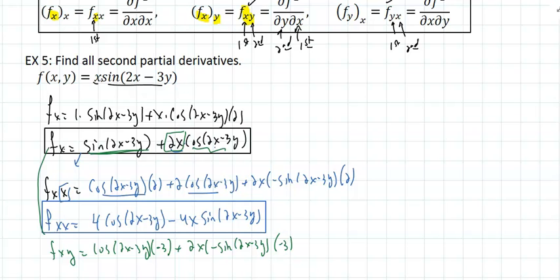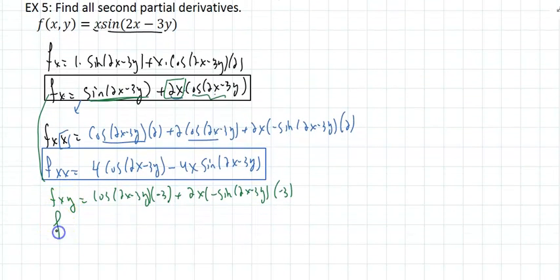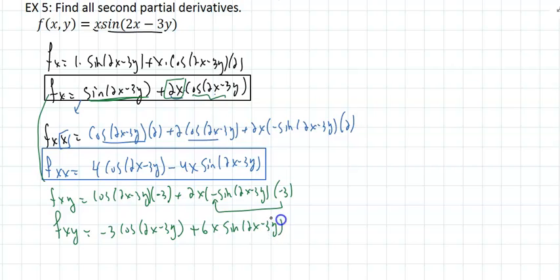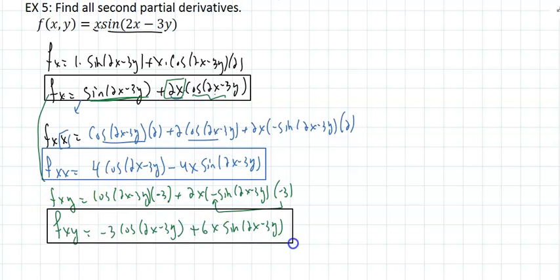If I clean that up a bit, I would say f sub xy is negative 3 the cosine of 2x minus 3y minus 6x, negative times a negative 6x, the sine of 2x minus 3y. That's half of the problem.